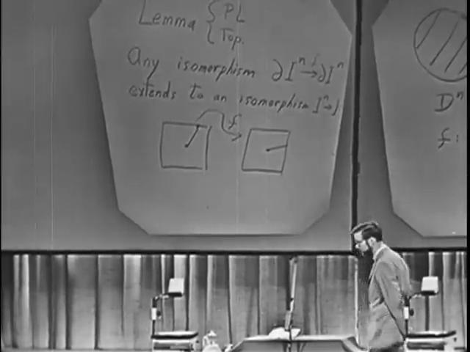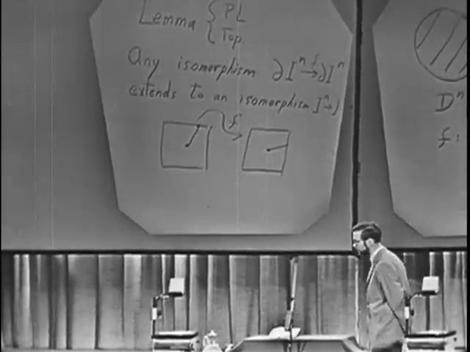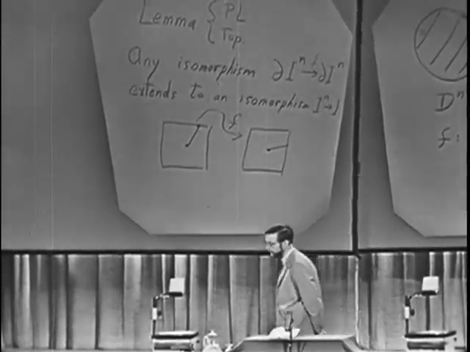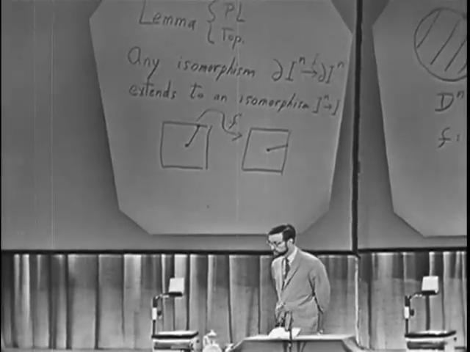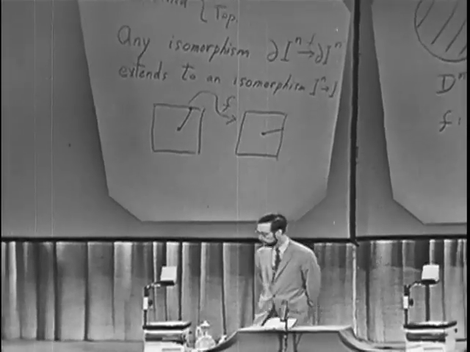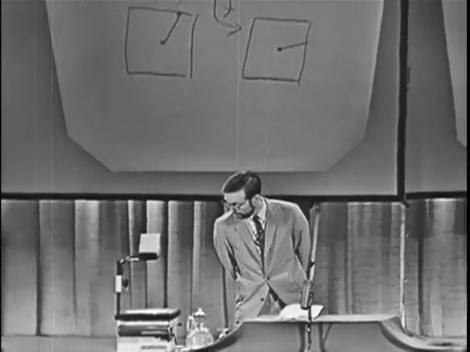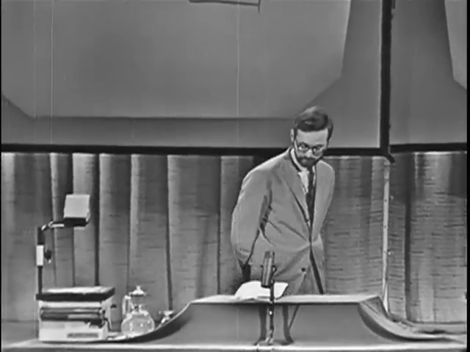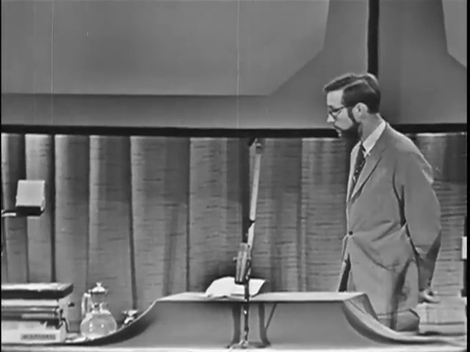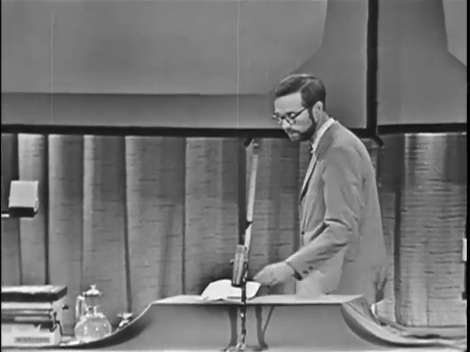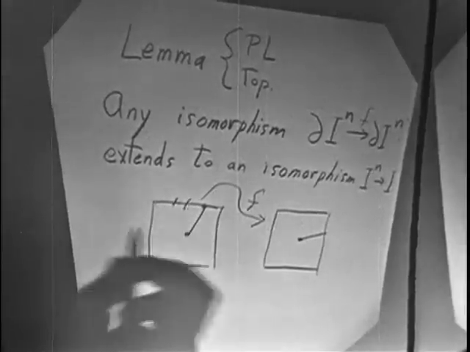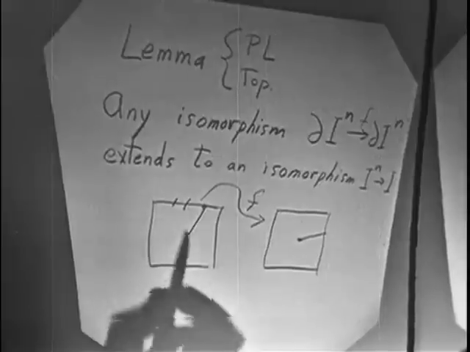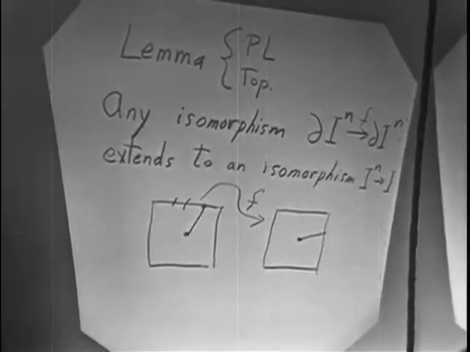And one just has to stare at this a little bit to check that, in fact, it is true that the mapping defined in this way will always be continuous. And if F happens to be piecewise linear to start with, then the mapping defined in this way will automatically be piecewise linear, because for F to be piecewise linear means that we can chop the boundary up into small simplexes such that on each simplex F is linear.